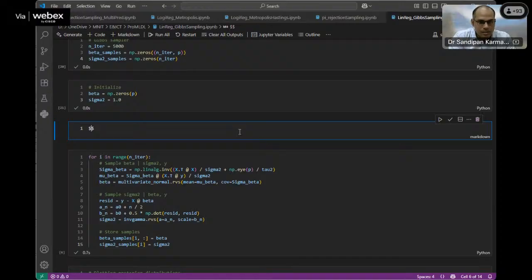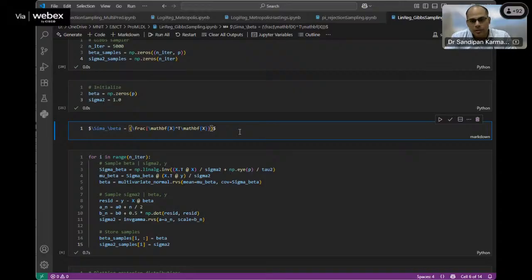So it is sigma beta equals x transpose x, and I put it in a fraction, so it will be easier.